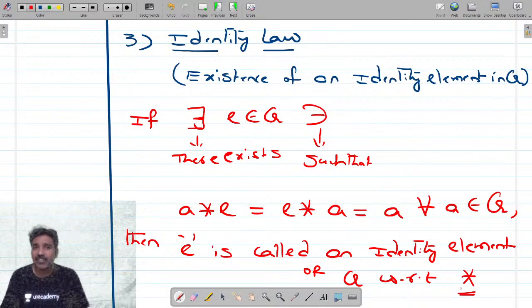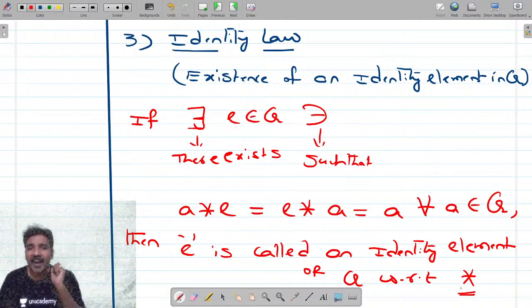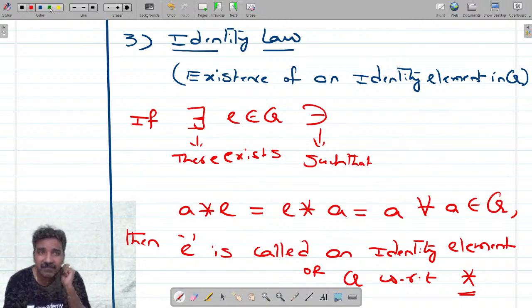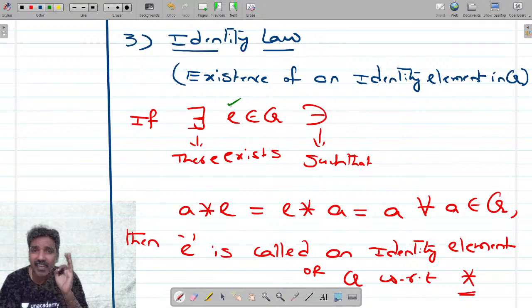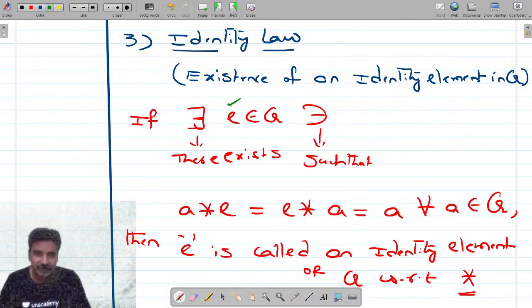This terminology must be very, very clear to all of you. So if you are able to identify at least one element, I can call it E. Generally, we follow standard notation for identity element as E. Whether E is 1, 0, 2 or 1/6 depends upon the elements of the set and the operation we defined on that particular set. Got it?